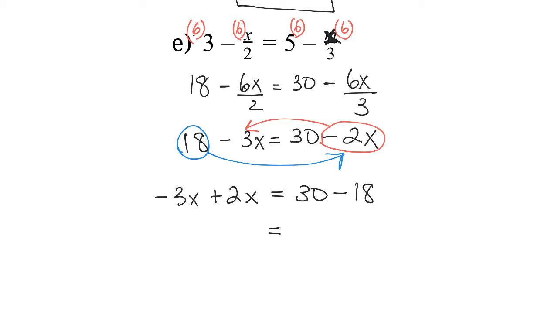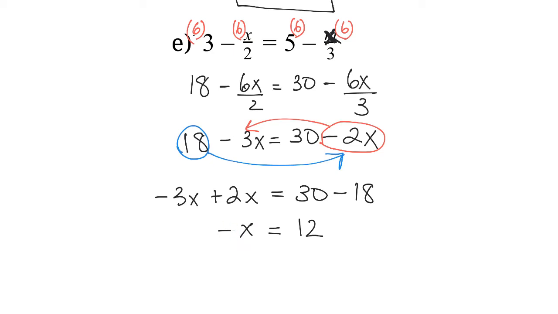Negative 3x plus 2x is negative x, or negative 1x. And on the right-hand side, 30 minus 18 is 12. So be careful. Don't forget that this is not a final answer because you don't want your answer to be negative x. You want it to just be x, the variable, the letter.